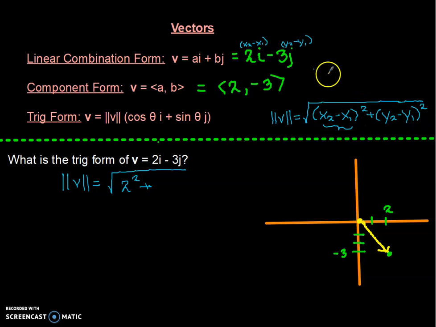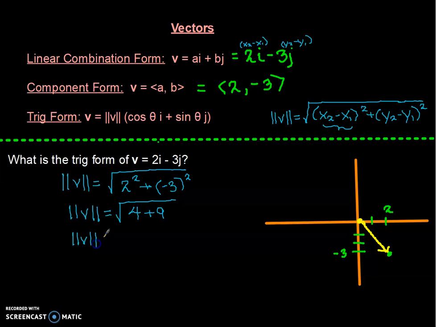It's not a complex number. It just tells you the direction of something. So plus y2 minus y1 was already given to me. That's negative 3 squared. And make sure that if you plug this into the calculator, the negative 3 is in parentheses before you square it. This would give me 4 plus 9. So the magnitude or the length of that vector is going to be the square root of 13.